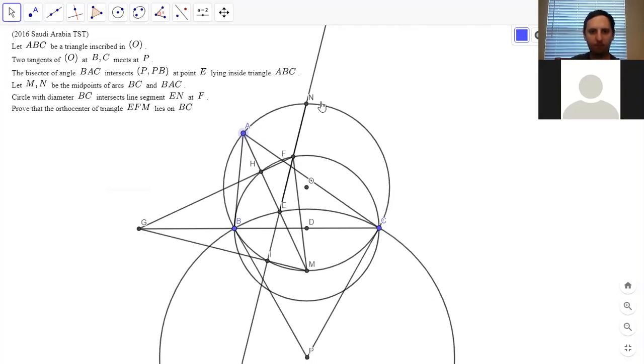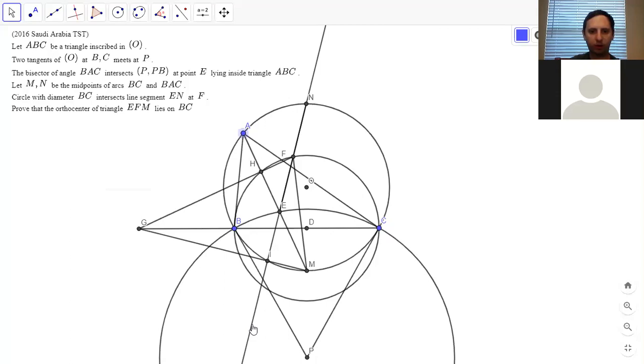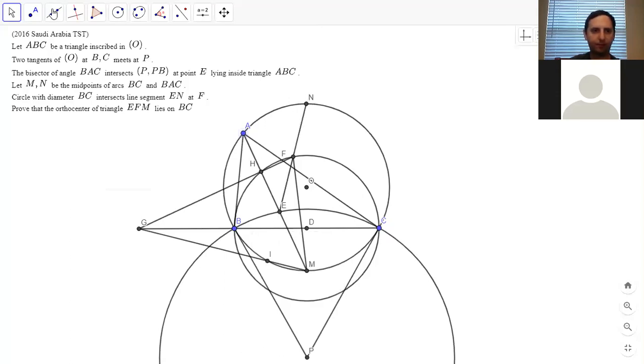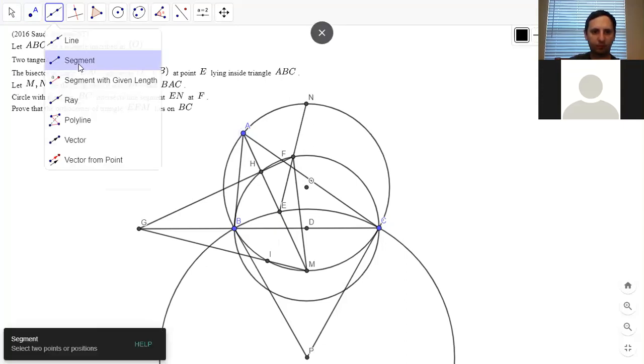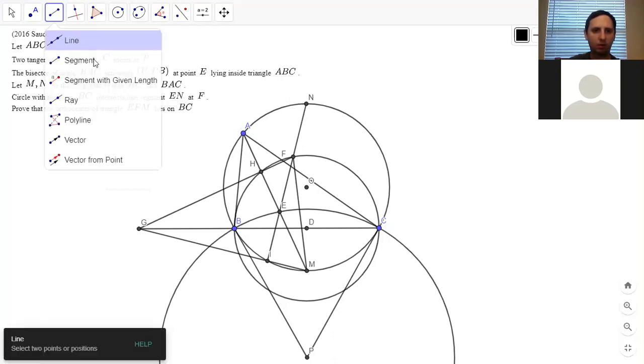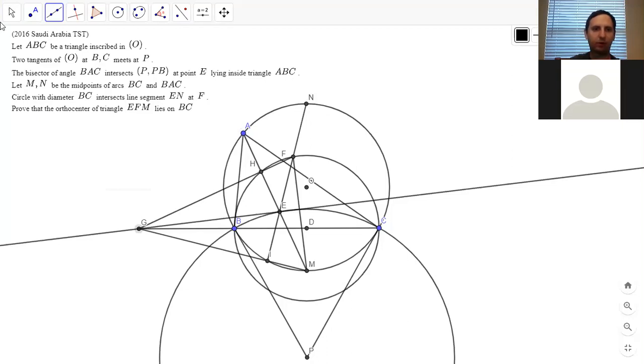Also, another special point: GE intersects FM at the circle. Okay, hold on one sec. GE intersects FM. That's interesting. All right.